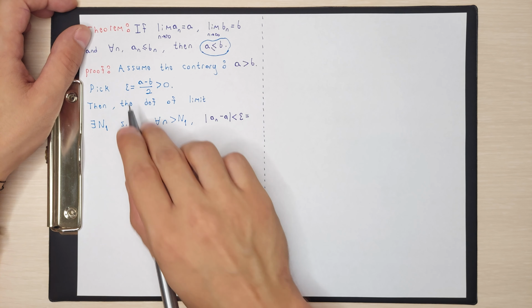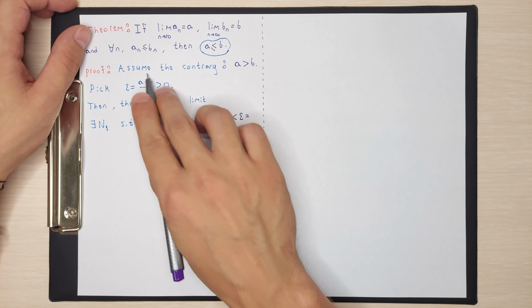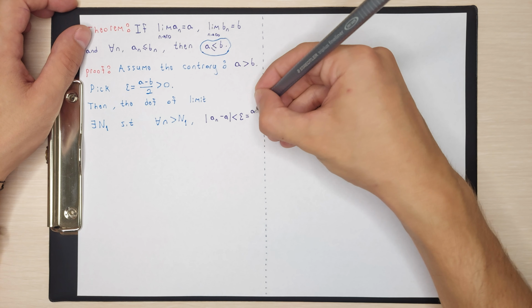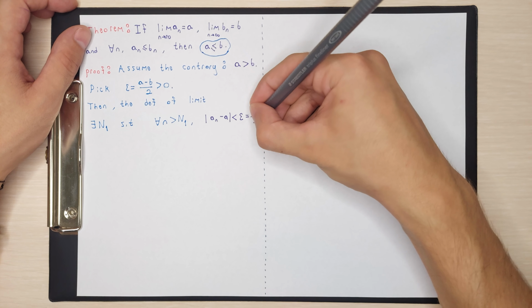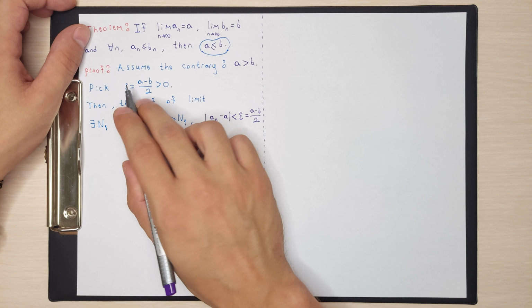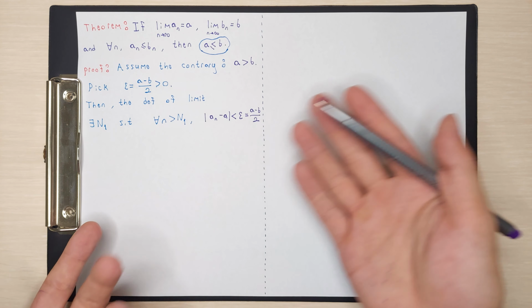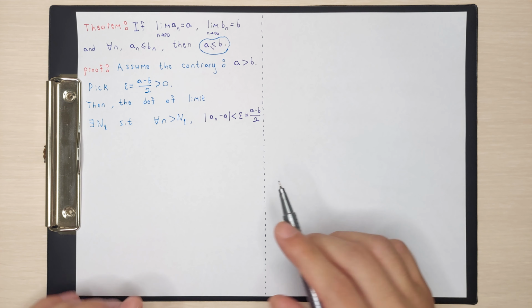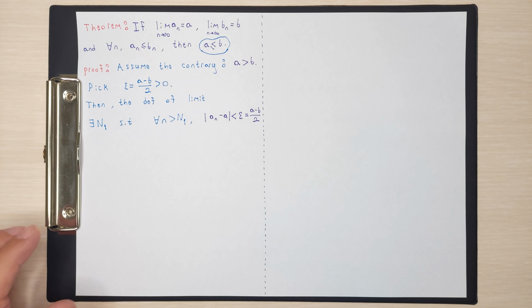And do not forget that we picked our epsilon specifically. It is a minus b over 2. If you prove that this is incorrect for at least one epsilon, you prove your theorem, because the definition says that it must be satisfied for all epsilon values. Then let's continue.